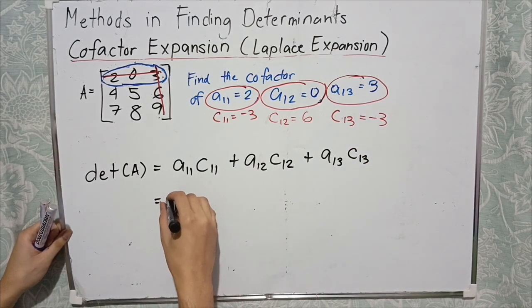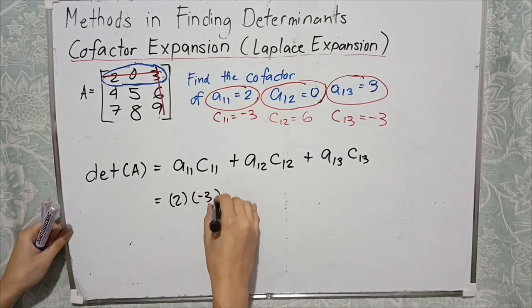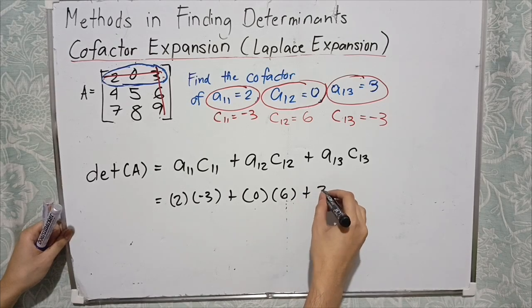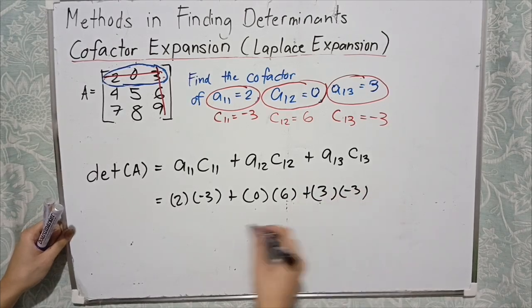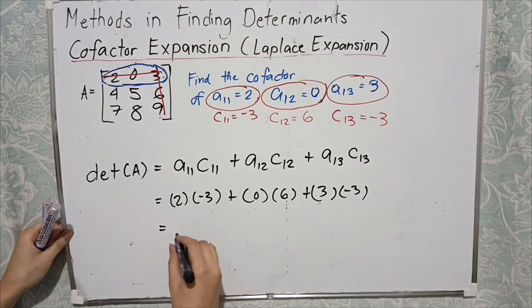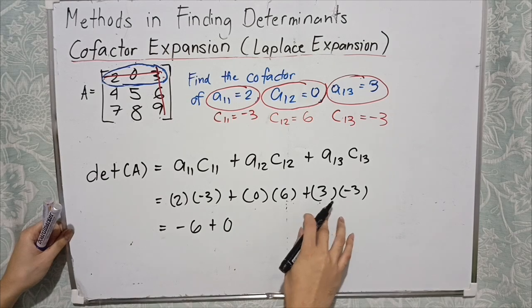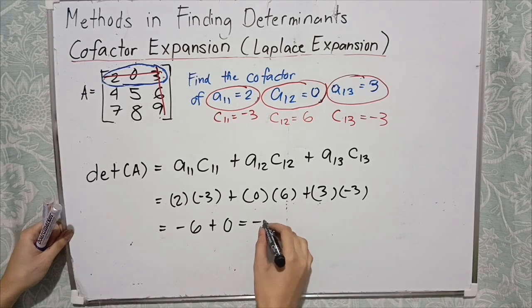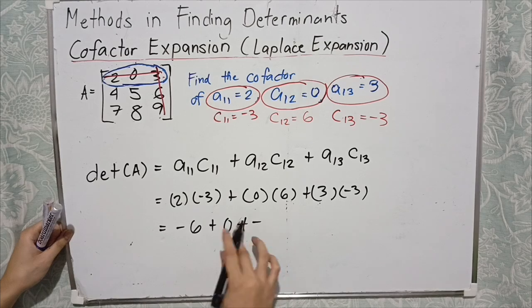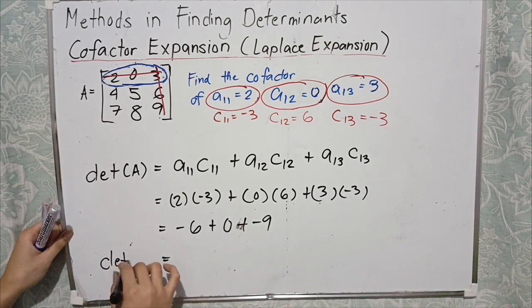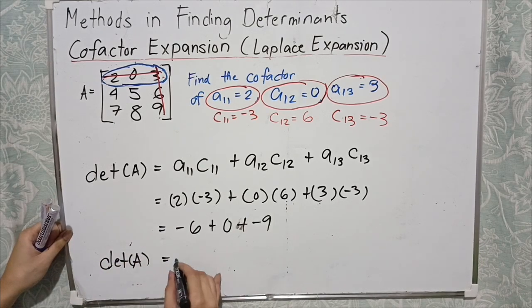By direct substitution, we have 2 times negative 3, plus 0 times 6, plus 3 times negative 3. 2 times negative 3 is negative 6, plus 0 times 6 is simply 0, plus 3 times negative 3, that is negative 9. So the determinant of this matrix A is equal to negative 15.